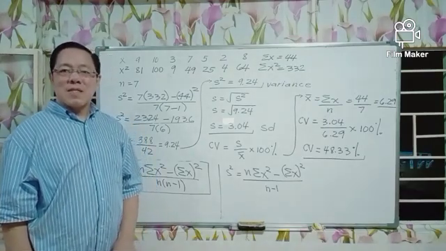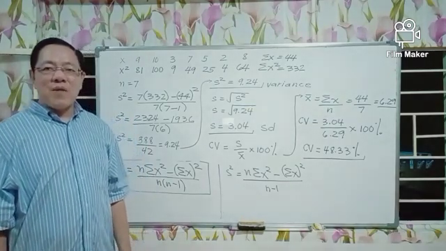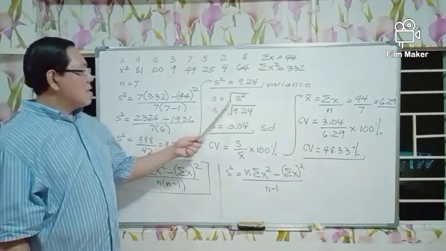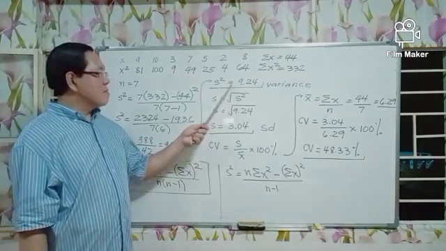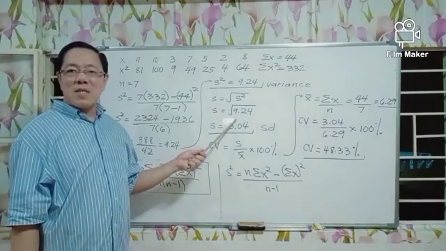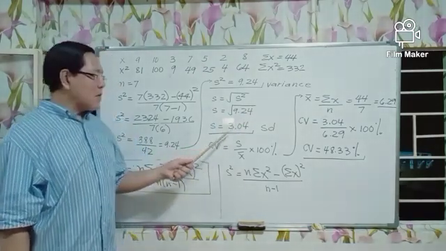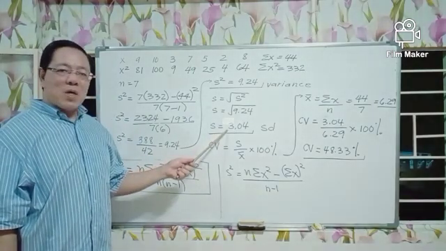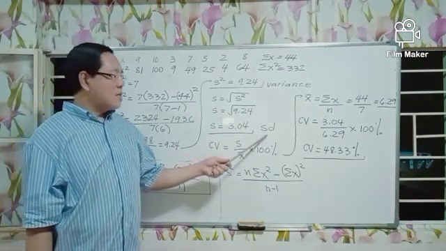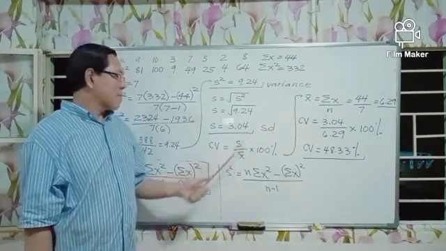But the standard deviation is the principal root, or the positive root, of the variance. The variance s squared is 9.24, so we take the principal root of 9.24, and using your calculator, you should get 3.04. This is the sample standard deviation.